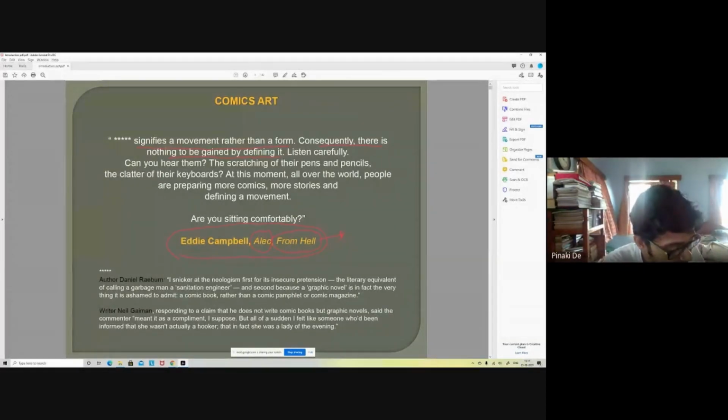From the very moment you scratch a visual and try to construct a sequential narrative, and you arrange the visuals in such a way that you actually have a sequence and you garnish it with text, you have a comics. So it is a very interesting form to talk about.